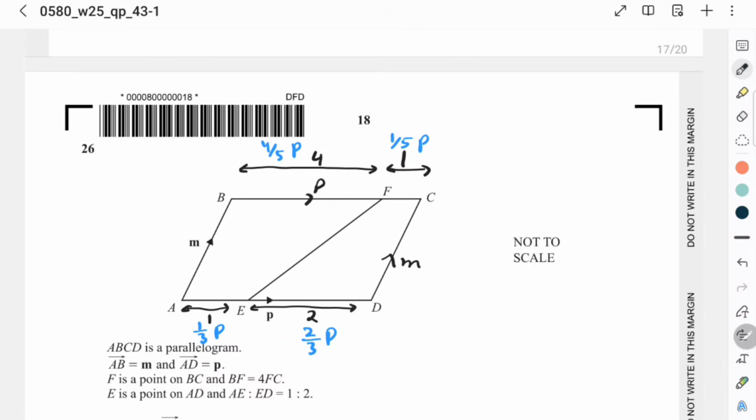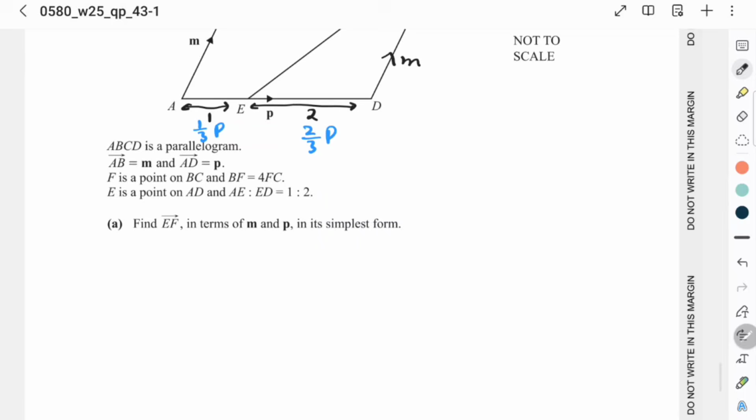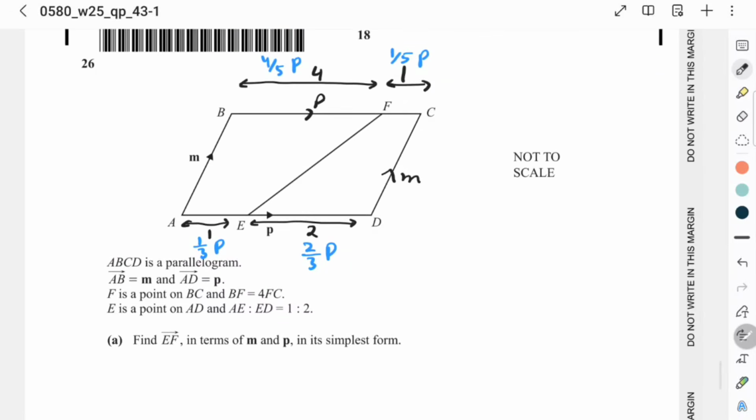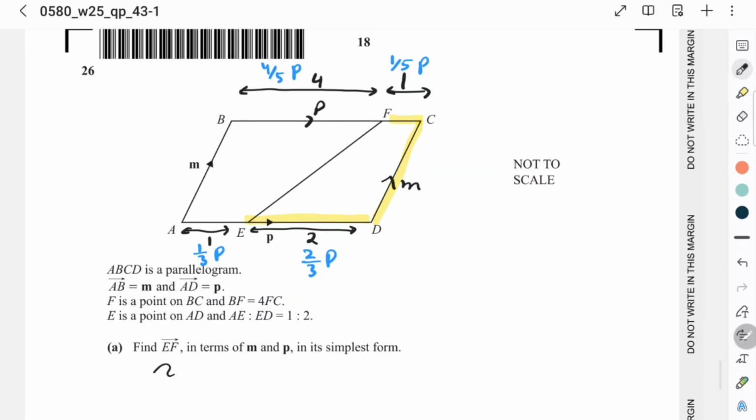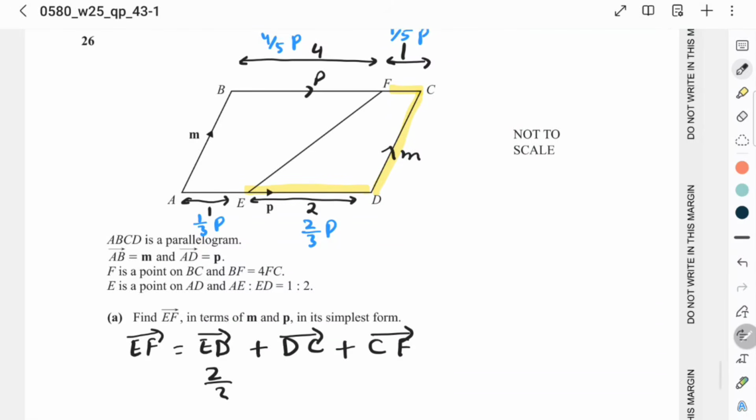All right, so in the first part, EF in terms of m and p. E to F we have to find out. So we can take ED, then DC, then CF. So EF is equal to ED plus DC plus CF.